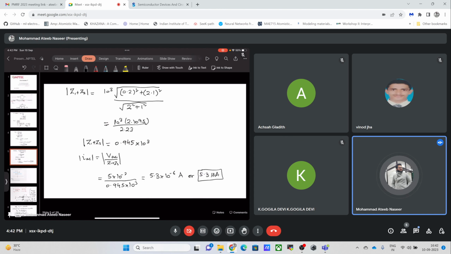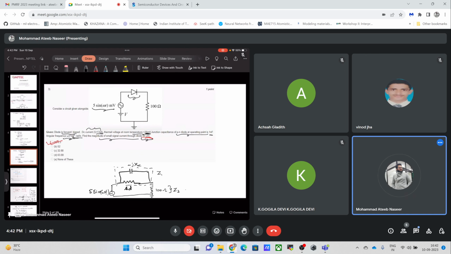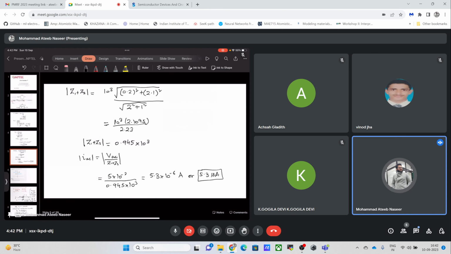This AC voltage source has some magnitude, which is 5, I guess, 5 millivolts. Yes, so we divide the magnitude of this AC signal by the magnitude of the impedance that we obtain. Okay. Thank you, sir.